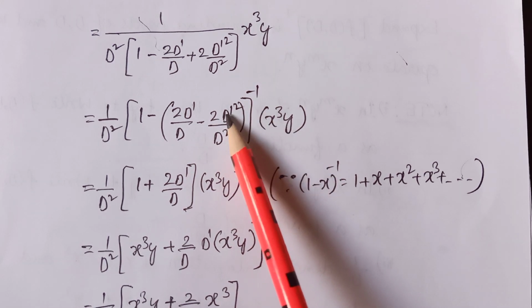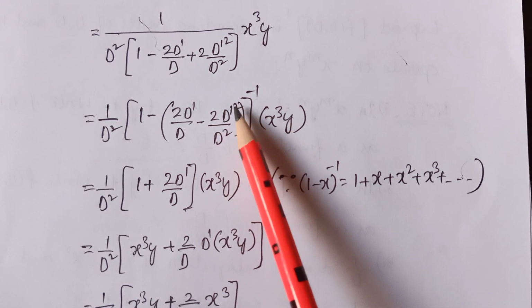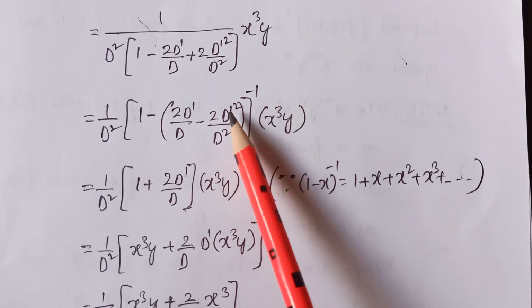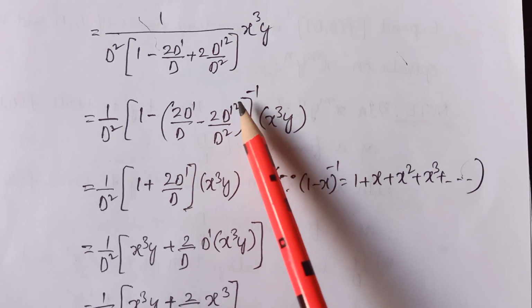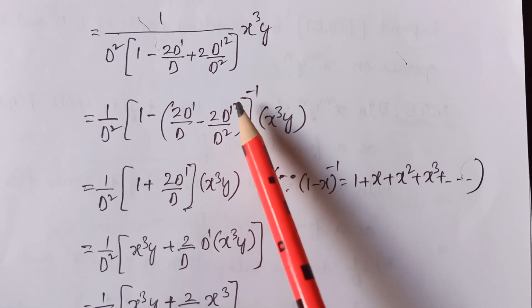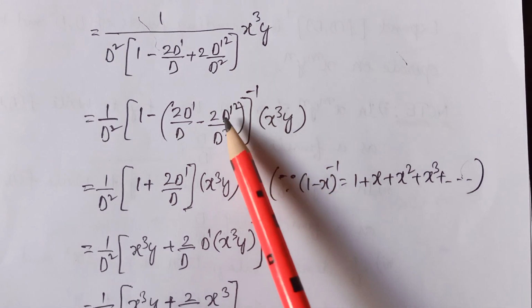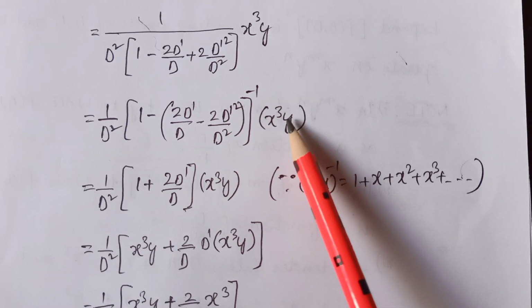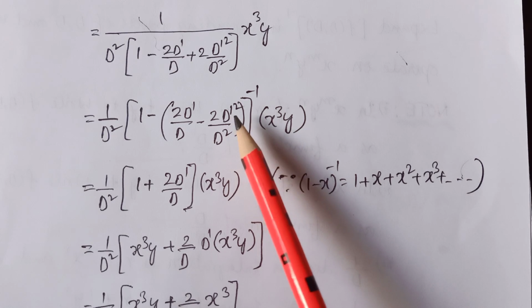Why? Because in the remaining terms the power of D dash is greater than 1. When we operate on y, D dash means dou by dou y.